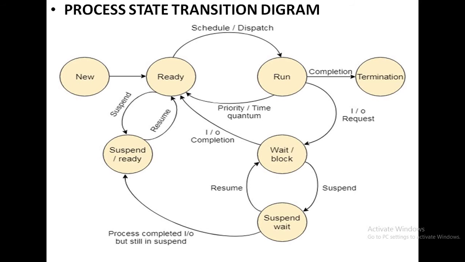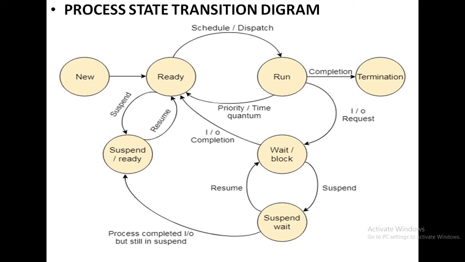In the meanwhile, if a process is being executed and it needs some resources, then the CPU does not go idle. So to avoid the idle time period of the CPU, the operating system takes that job from the running state and stores it into the waiting state or blocked state.